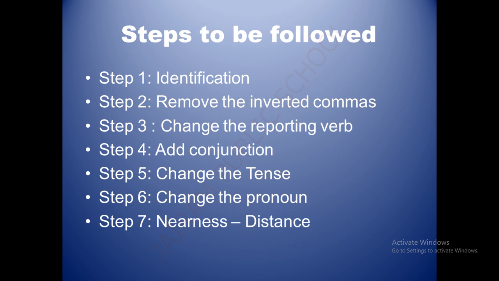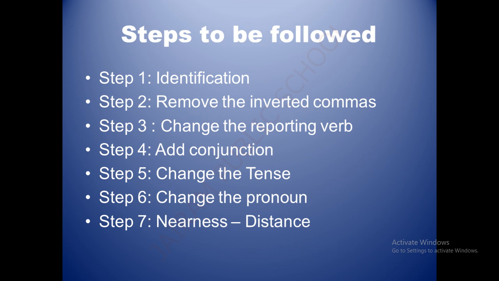The third application, while transforming direct into indirect, is to change the reporting verb. The reporting verb is the verb placed between the speaker and the listener, for example, said to. If you find said to in an assertive sentence, it must be changed to told while transforming direct to indirect. That is, change the reporting verb.